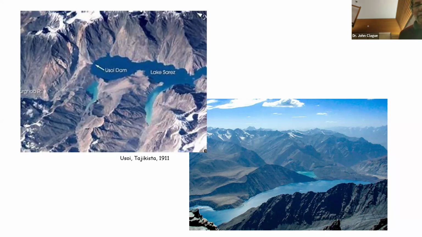And this is the Usoi landslide, which occurred during a big earthquake back in the early part of the last century. And the rock mass that failed on the slope, you can make out where it is on that image. It's right at the end of the lake.